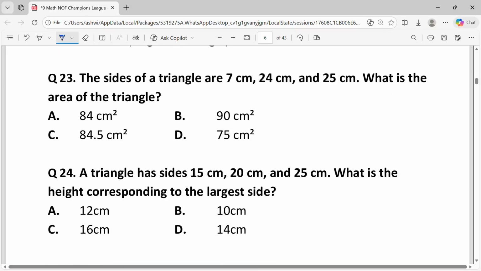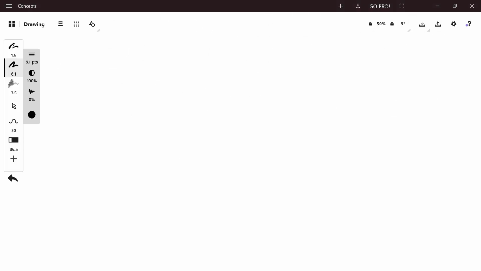Question 23. The sides of a triangle are 7, 24 and 25 centimeters. What is the area of the triangle? Using the Pythagorean theorem to check if a square plus b square is equal to c square, where a is 7, b is 24 and c is 25.